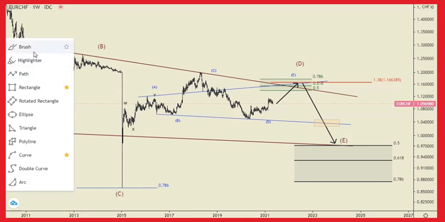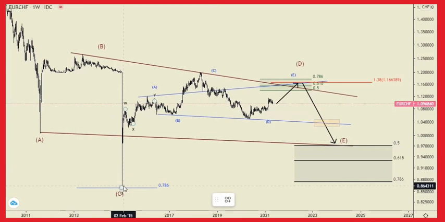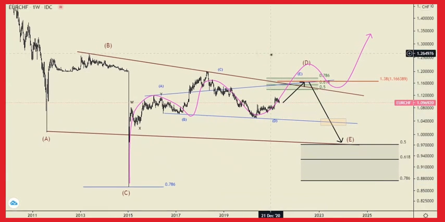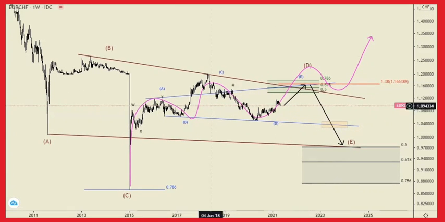If we want to consider another pattern for the D wave in this area of the chart, and this process that is taking shape, it is a diametric pattern which can point in the same direction.